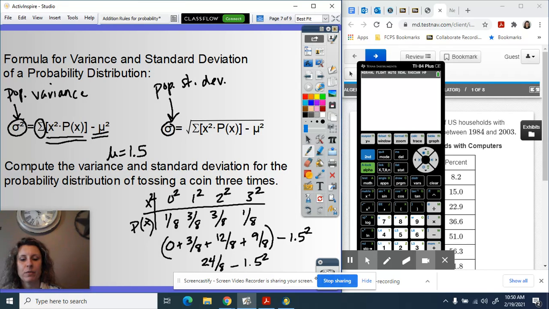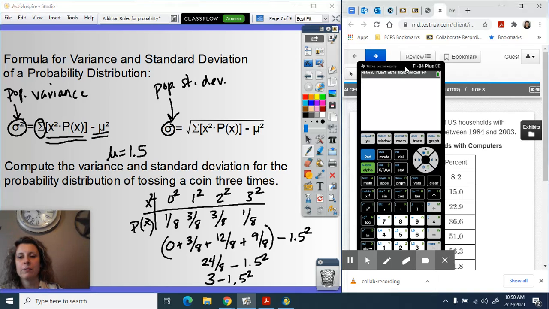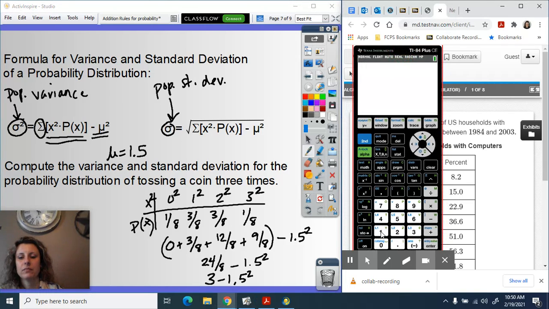Sorry, I'm out of room here. Let me hide this, actually. There we go. So that's 3, and I'm subtracting off 1.5 squared. So 1.5 squared gives me 2.25. So if we take 3 and subtract 2.25, it gives me 0.75.